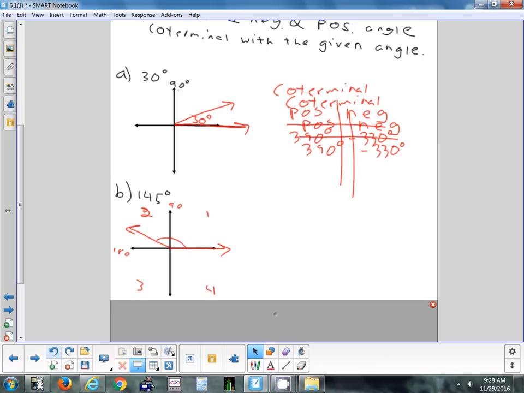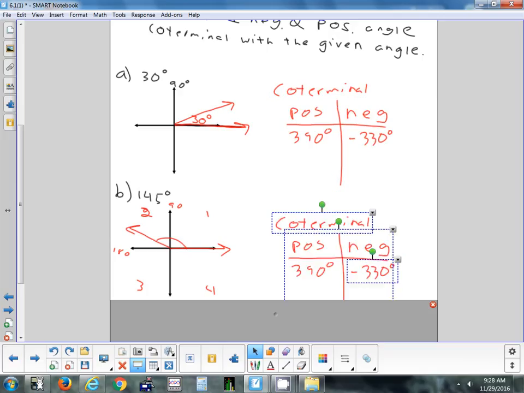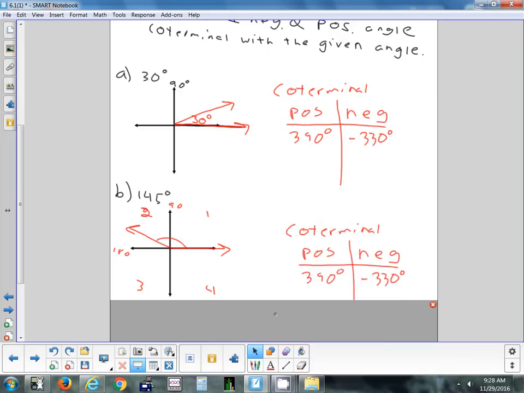How would I find an angle that is coterminal and positive? 505. How did you get 505? Added 360. So if we take 145 and add 360, everyone agree that it's 505?